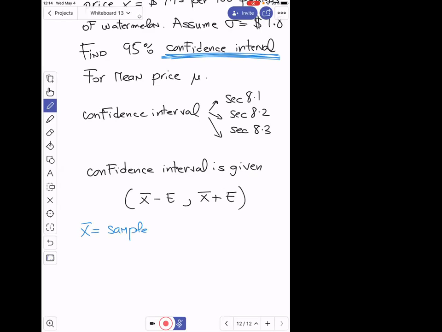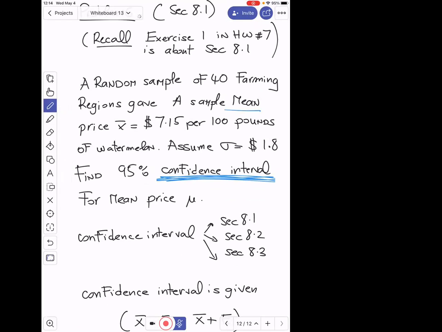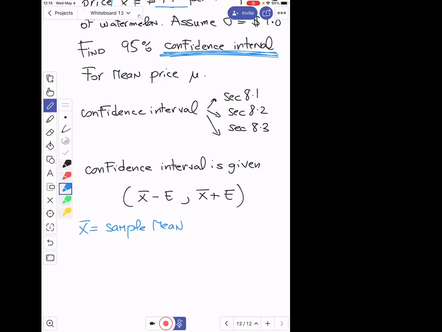And as you can see, the X bar is given, right? It's right here, the sample mean price, X bar. It's $7.15. So the X bar is given. Now the E, that's the margin of error, E.